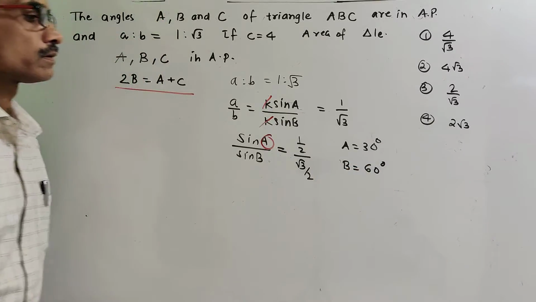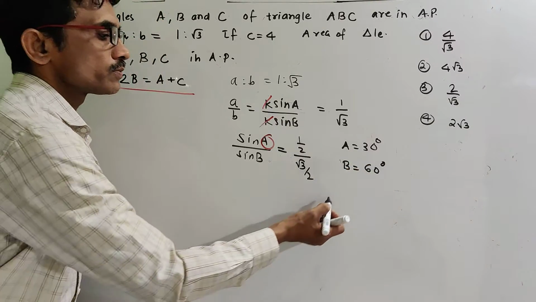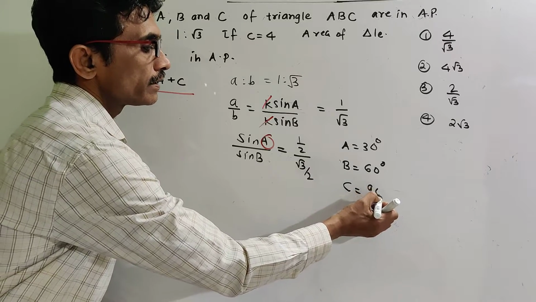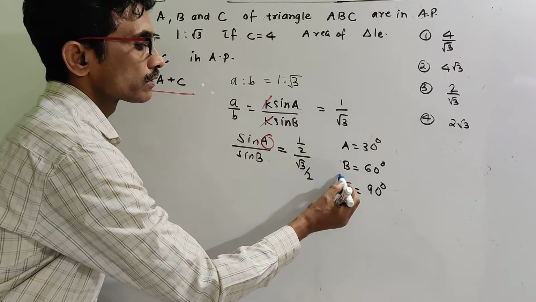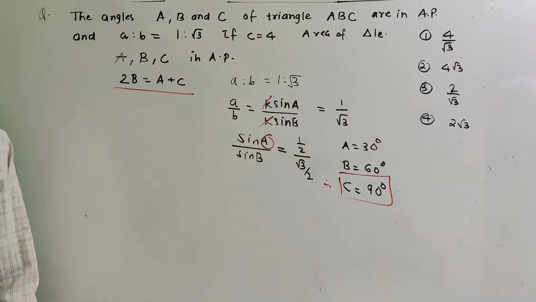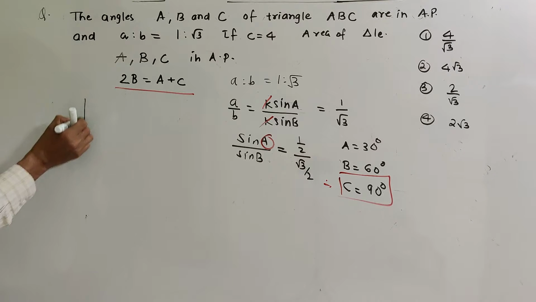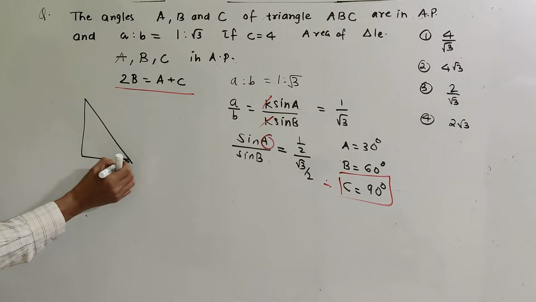So clearly the remaining angle must be equal to 90 degrees. That means this triangle is 30, 60, 90.